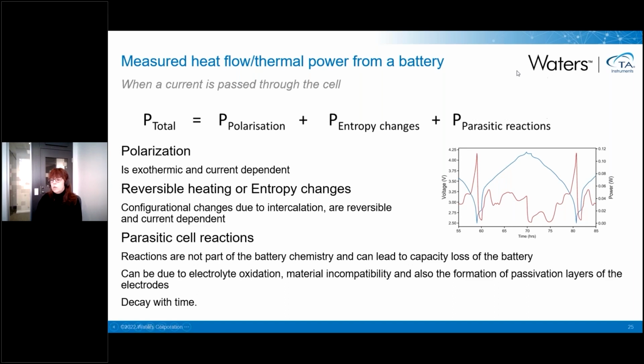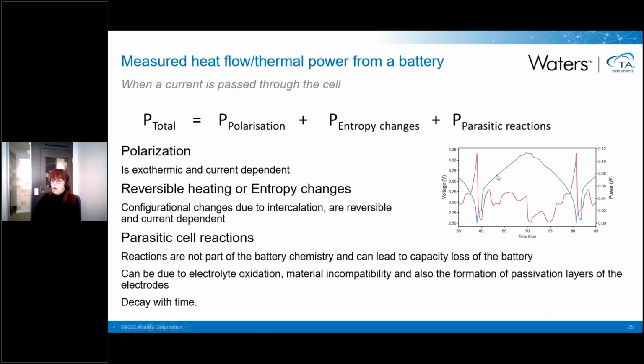And then the last term, the parasitic reactions, which are not part of the battery chemistry and can lead to a loss of capacity for the battery. This can be due to oxidation, material incompatibilities, and formation of passivation layers. These reactions also typically decay with time or charge cycles.